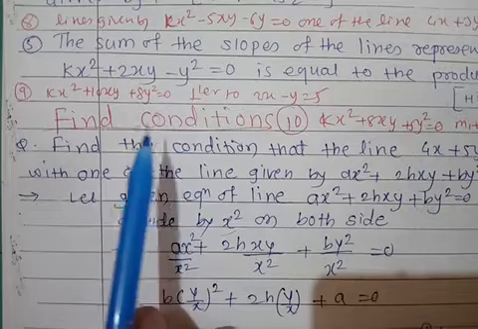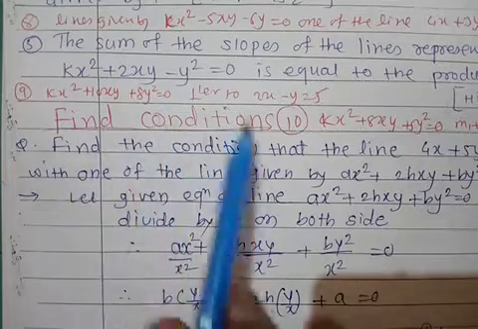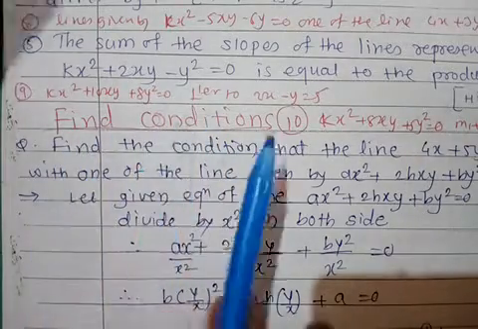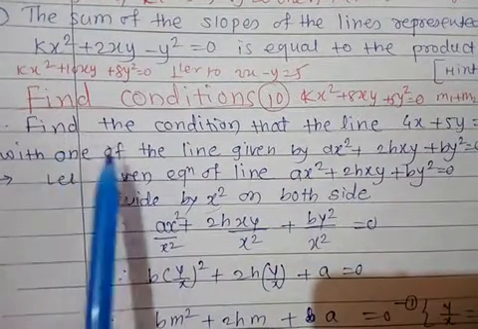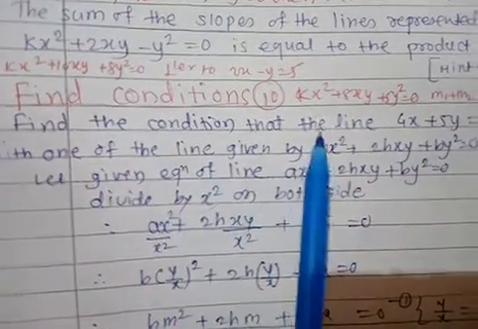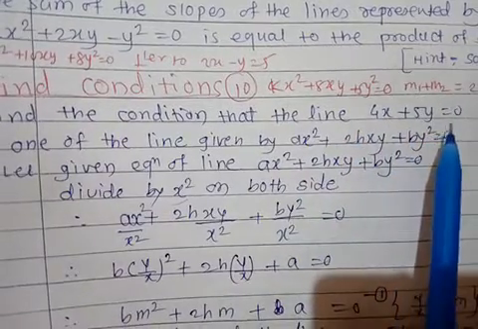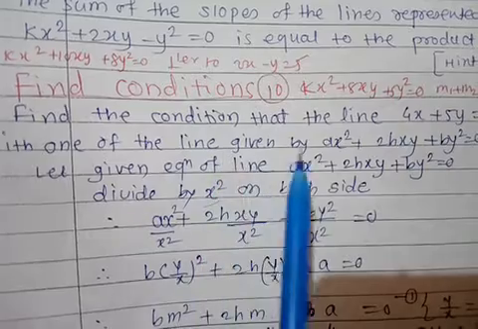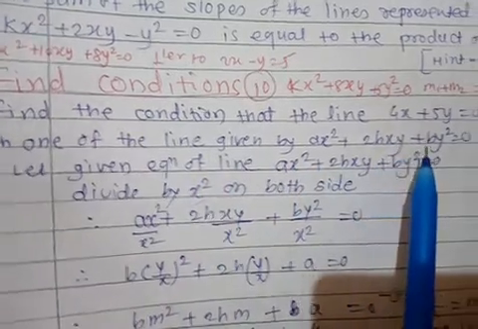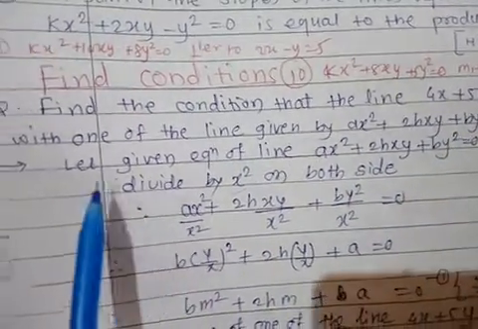Today we are going to see a very important point from the pair of straight lines: finding conditions. You have to find the conditions of the pair of straight lines. There is a question like this. Find the condition that the line 4x plus 5y equal to 0 is one of the lines given by ax square plus twice hxy plus by square equal to 0.